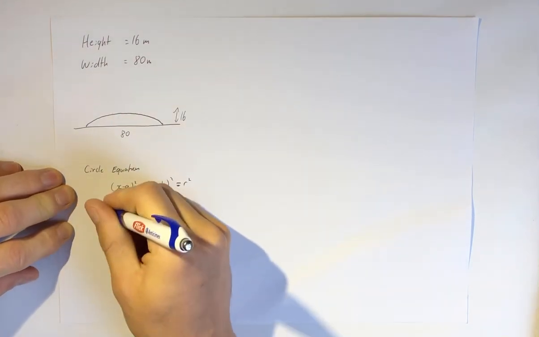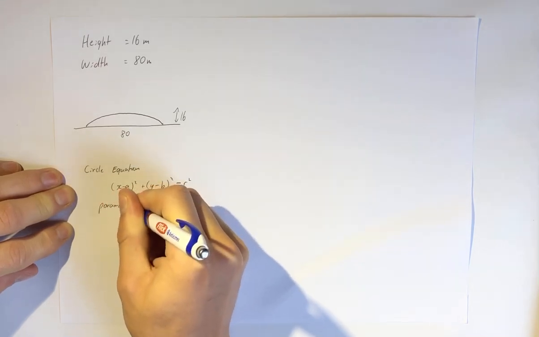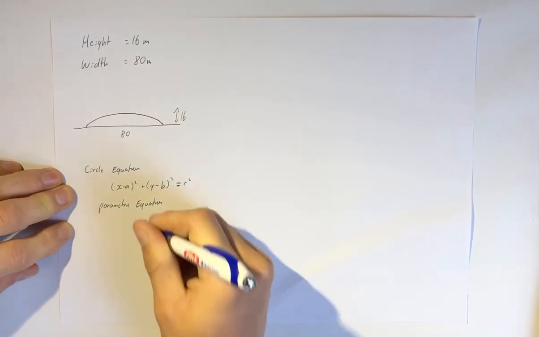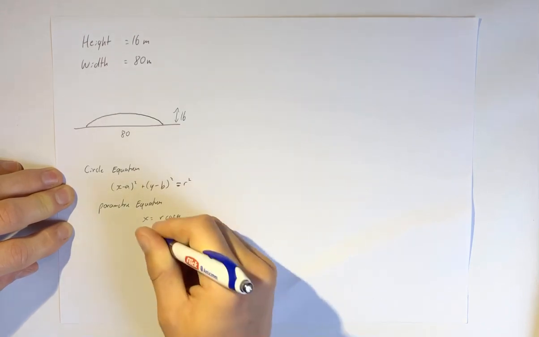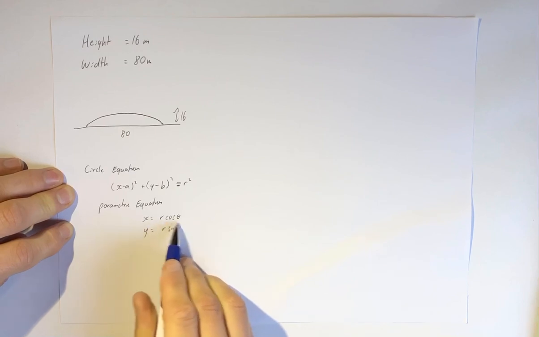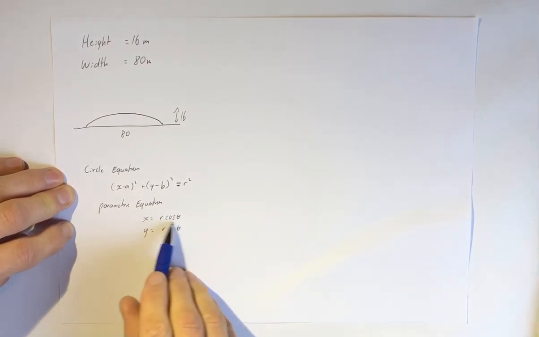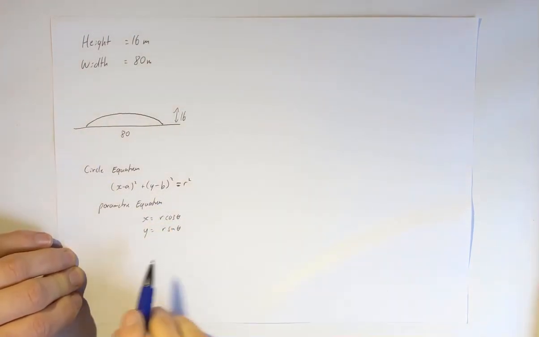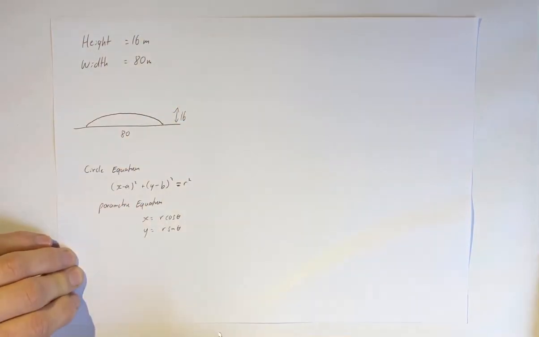The parametric equation was x equals r cosine theta and y equals r sine theta. If you remember, the cosine of a right angle triangle gave you your horizontal, the base of that right angle triangle, and this gave you the vertical height. So together they give you any position on a circle.